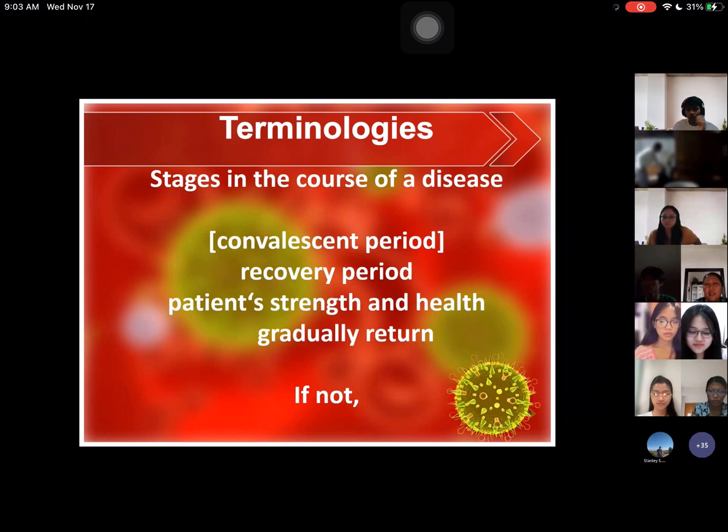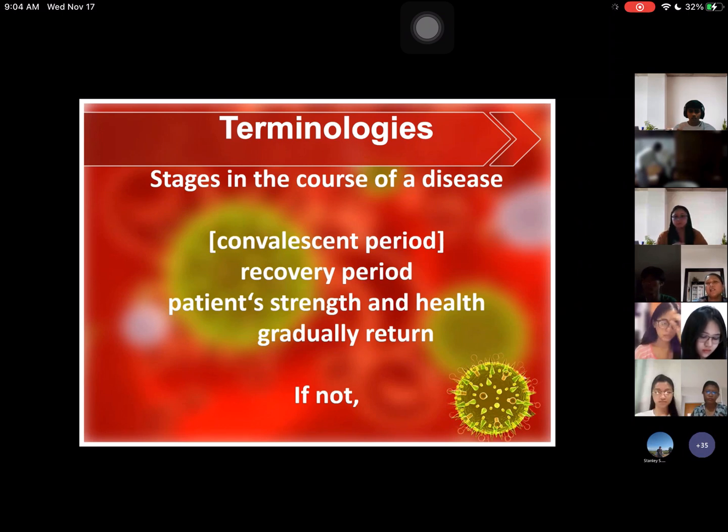So that's the reason why, if you do not have those medications beforehand, if it gets worse and you have not yet seen a doctor, you will not be able to fight this infection or disease, and you will eventually die of that particular disease or infection. If it is not treated early. So this is the convalescent period.